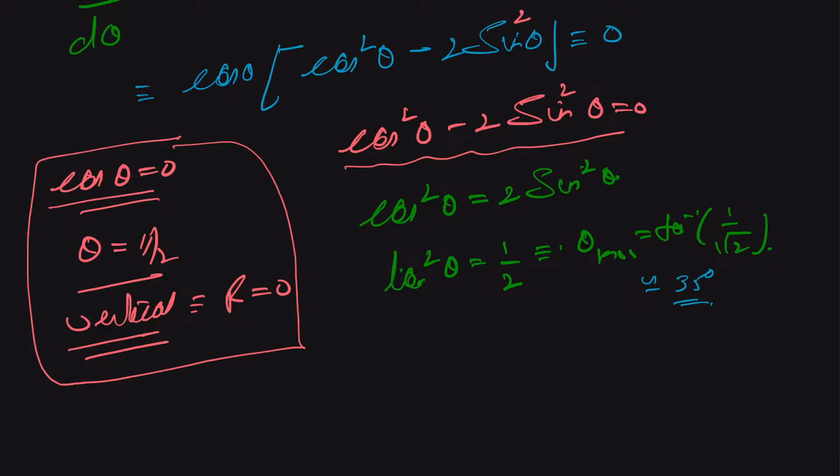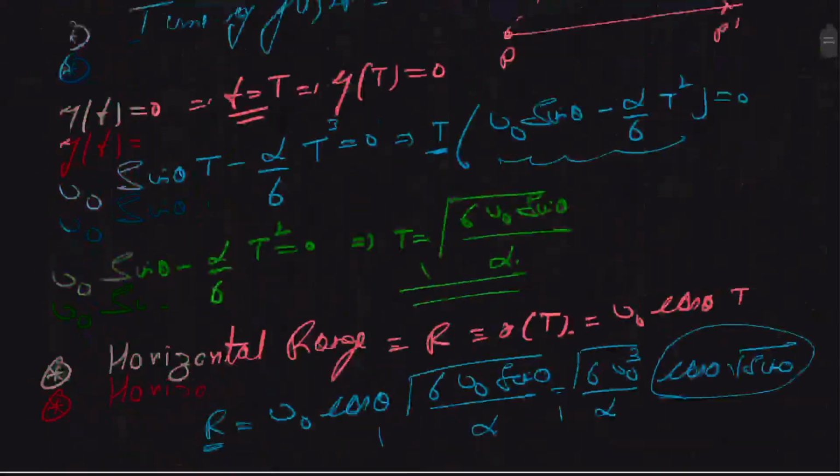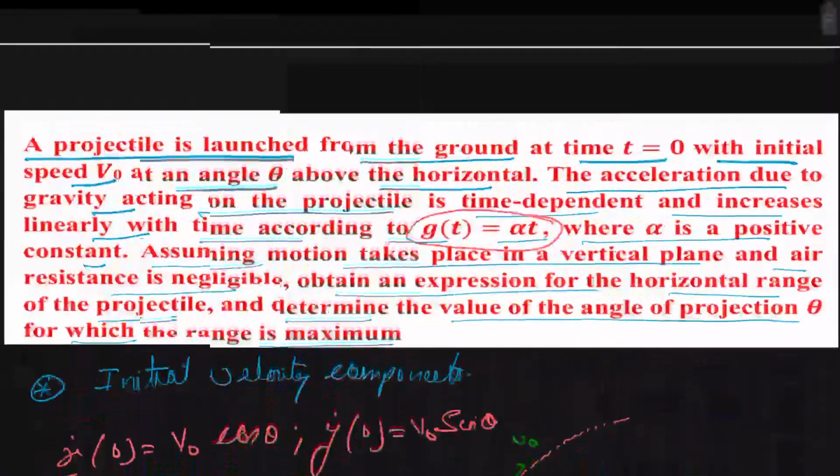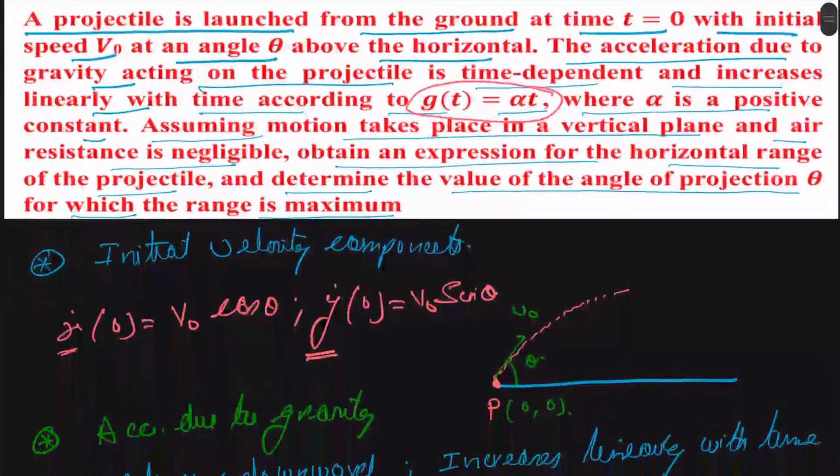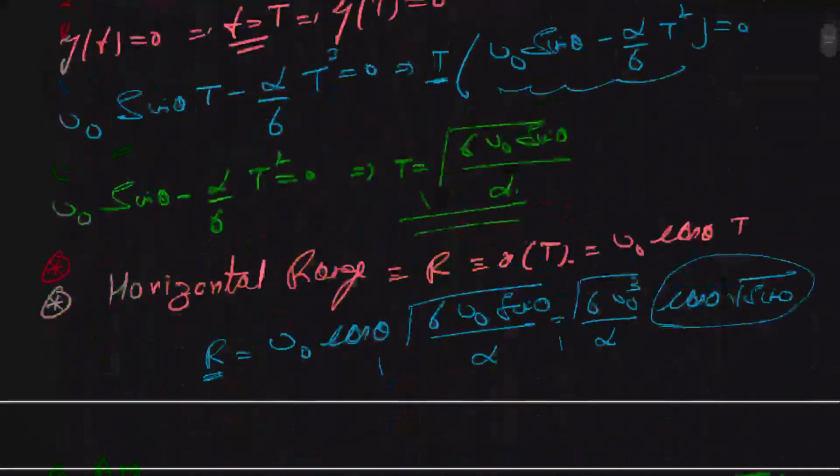Okay, so this is the maximum value of our range, where the acceleration due to gravity is time dependent, that's alpha t. Okay, so this is the first question.